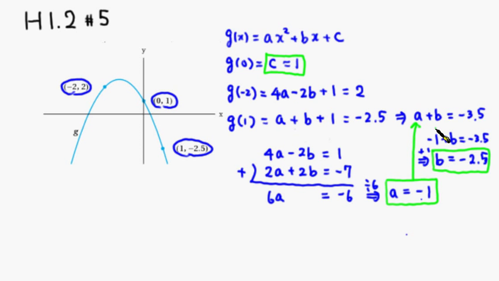So the equation is g of x equals, a is negative 1, so negative x squared, b is negative 2.5x, and c is 1. Let's type it in.